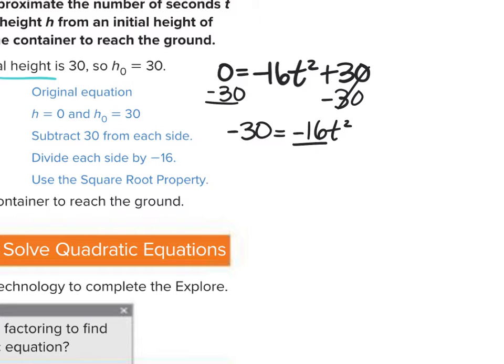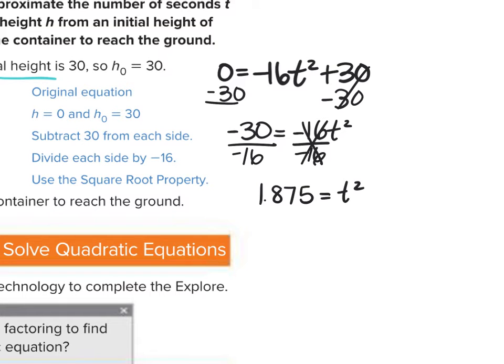That comes to a decimal, I believe. So I'm dividing by, or no, it is a decimal, but I need the whole thing. So take negative 30 and divide it by negative 16 for me. Okay, I'm going to go ahead and write the whole thing right now since it did stop. It wasn't repeating. Okay, that leaves me with t squared.